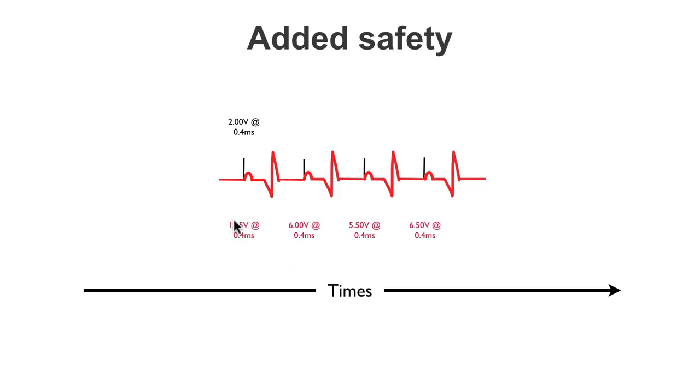So here we have some made up figures again, and all of a sudden the atrial tissue, for whatever reason, requires an output pulse of 6 volts at 0.4 milliseconds to capture the tissue. Again here, it requires 5.5 volts at 0.4 milliseconds and 6.5 volts at 0.4 milliseconds. Now these are hypothetical numbers, but if the threshold did suddenly increase, the pacemaker is smart enough to adapt.